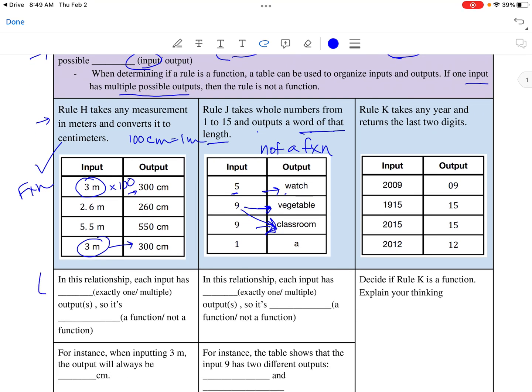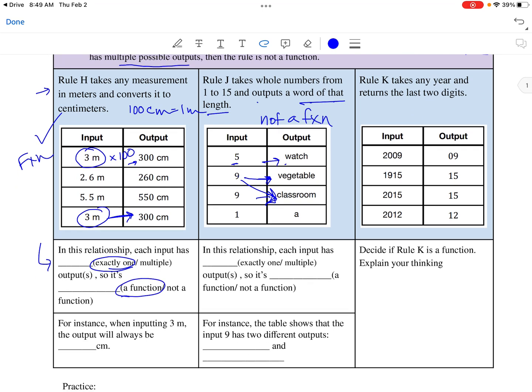And you can fill this out down here. In this relationship, for the first one, each input has exactly 1 output. So the input always comes out as 300. So it is a function.